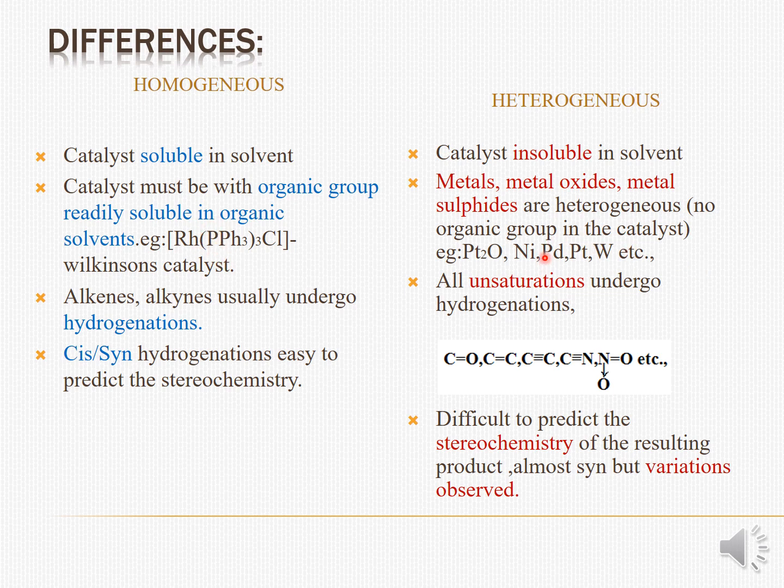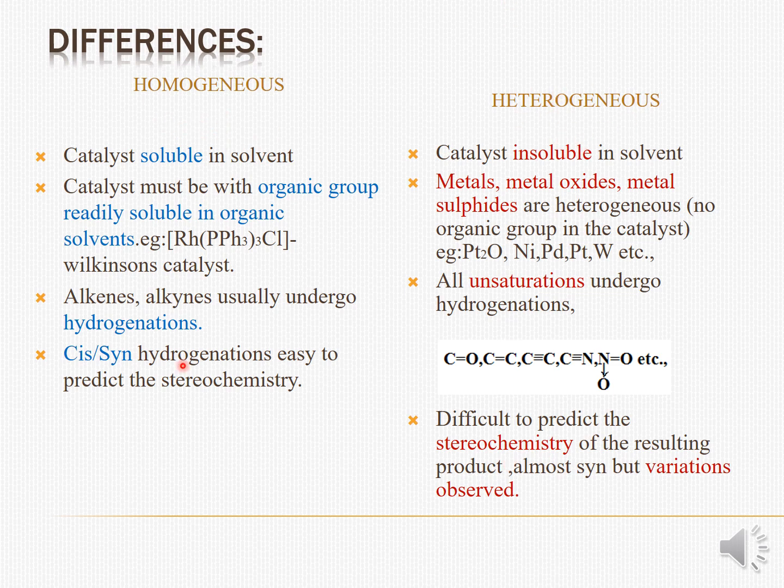And here in the heterogeneous, you are using only the metals, that is platinum oxide, nickel, palladium, platinum and tungsten, etc. And all the unsaturations will undergo hydrogenation. For example, the carbonyl compounds, alkenes, alkynes, nitriles, nitro groups, etc. Okay, these can be reduced, these can be hydrogenated, and here it is very difficult to predict the stereochemistry in the case of heterogeneous.